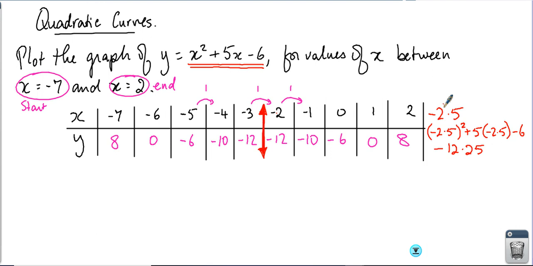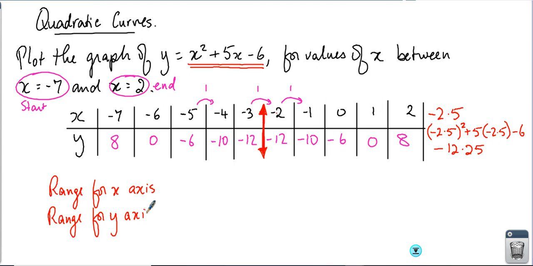So once I've got the table, I need to plot my graph. Now I need to pay attention to the scale I'm going to use. Before starting to plot, I suggest you write down the range for the x-axis and the range for the y-axis. The range for the x-axis is between minus 7 and 2.